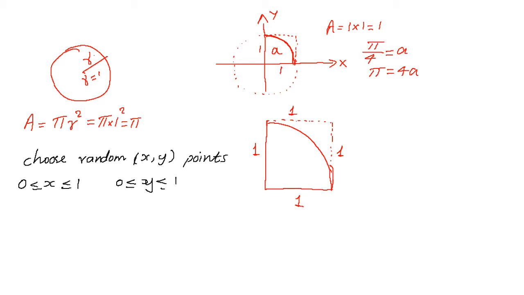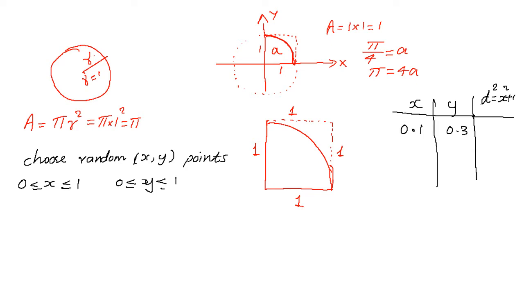So let me tabulate the x and y values. Initially I choose x is equal to 0.1 and y is equal to 0.3. Now I can calculate the distance. Let me calculate the square of the distance, d square, which is nothing but x square plus y square.